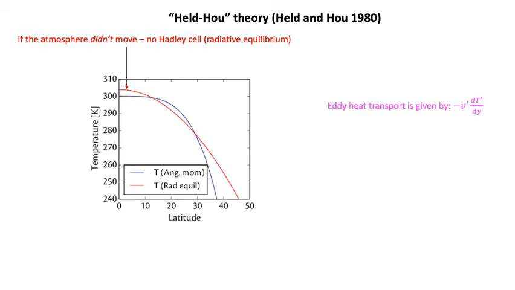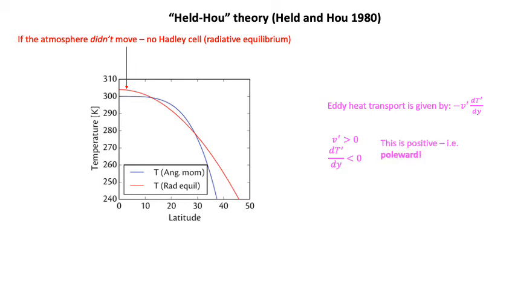But let's first think about the idea that we have this Hadley cell, a poleward motion going from the equator towards the pole, from warmer to colder temperatures. When you think about the concept of eddy heat transport, a simple eddy heat transport term would be minus v prime dT prime dy. You probably should have an overline, a bar, on that. In this case, v prime is greater than 0, you have poleward motion, and dT prime dy is less than 0, so it's getting colder as you go towards the poles.